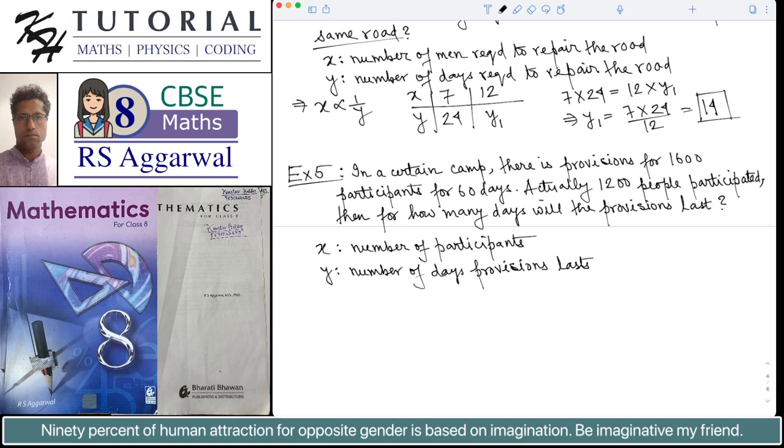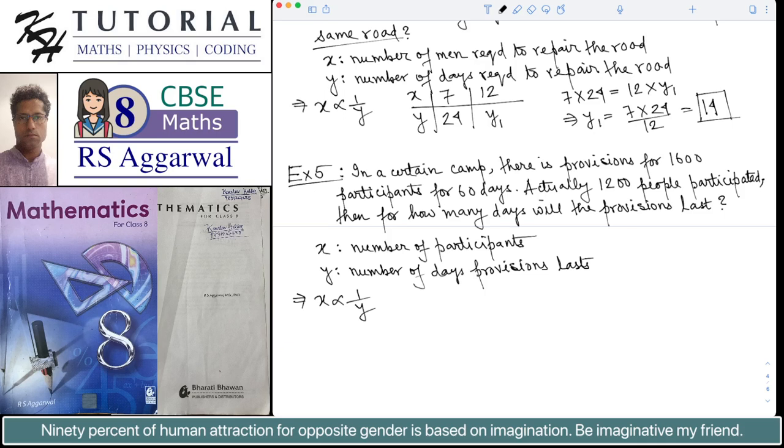So clearly we see that X will vary inversely with Y, because the amount of food is constant. If there are more participants, obviously more food will be consumed per day, and hence the food will last for fewer days.